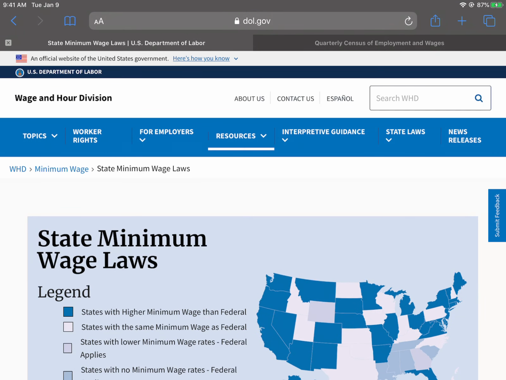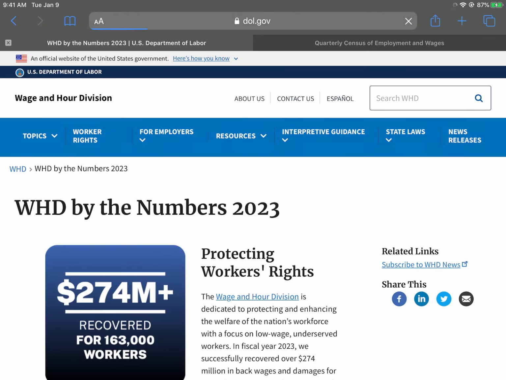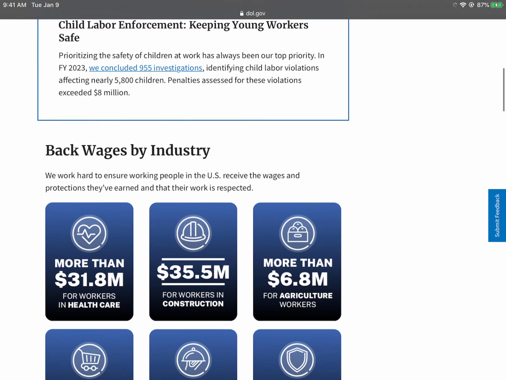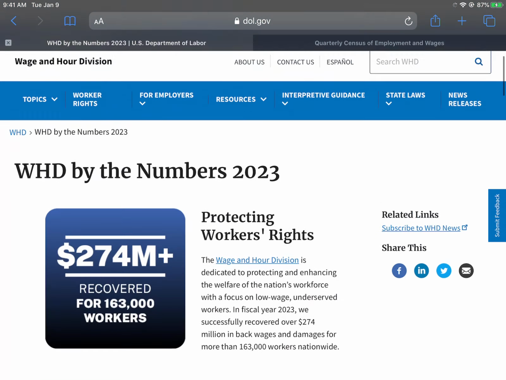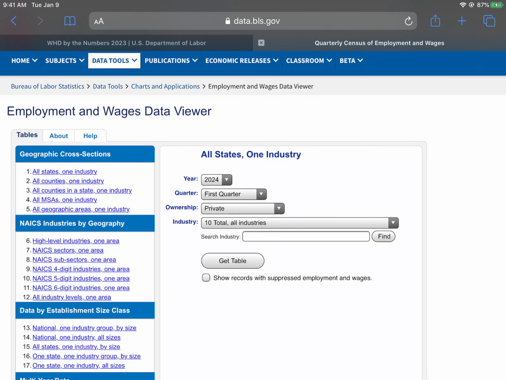You also have different resources that we will be talking about. Some of these are free data sets that can be used throughout the semester. It's worth exploring, so you can just check it out. There is also another important website, BLS, the Bureau of Labor Statistics, which gives you different data tools about the different states.